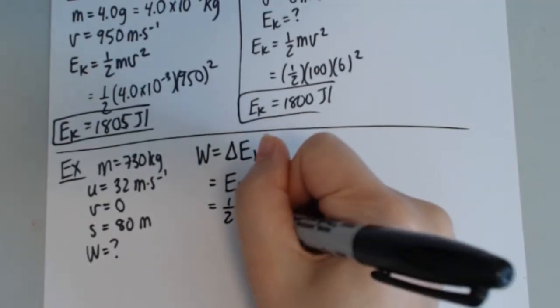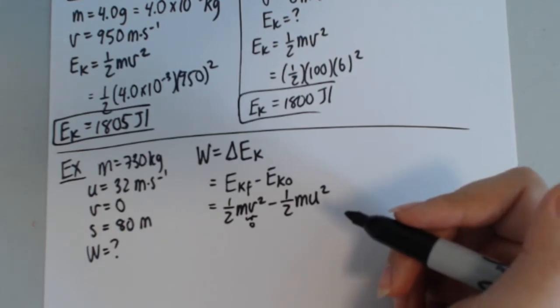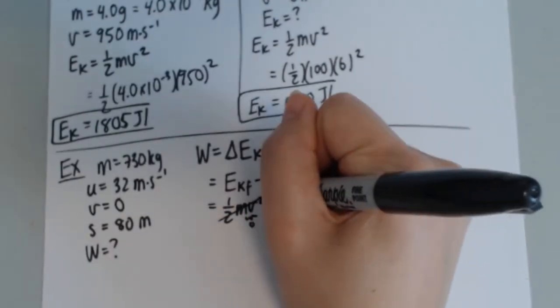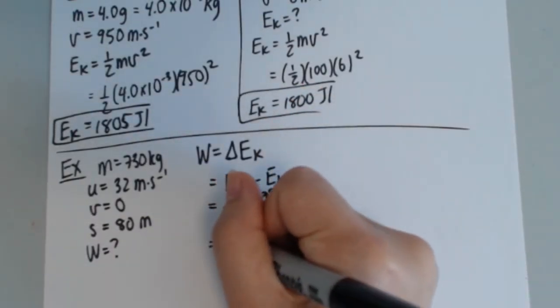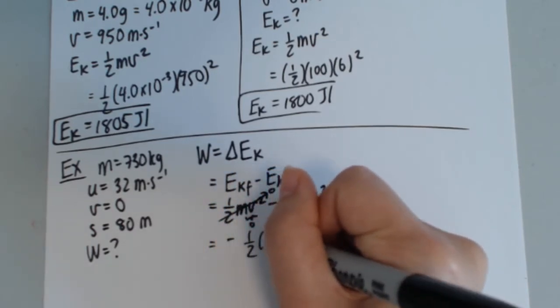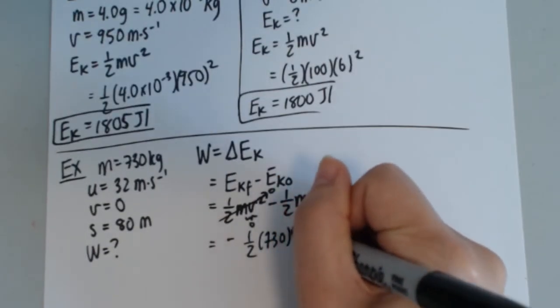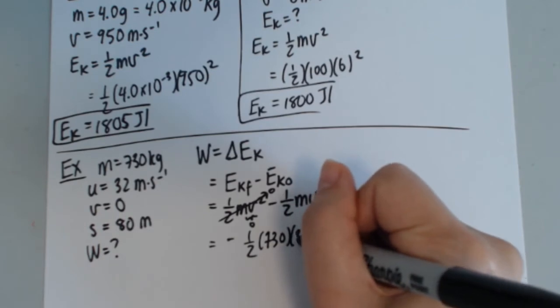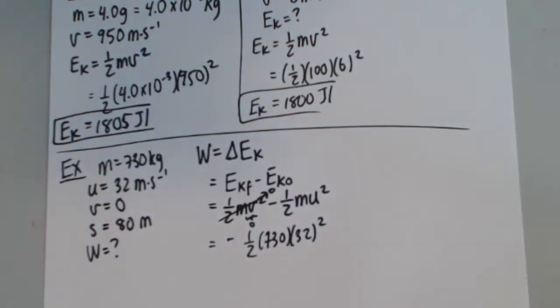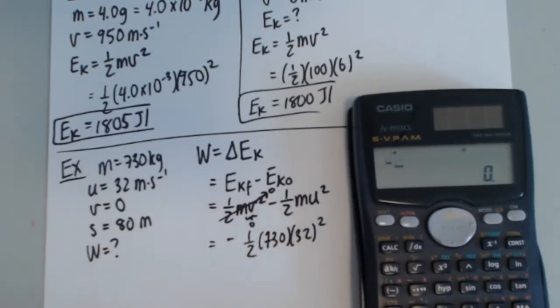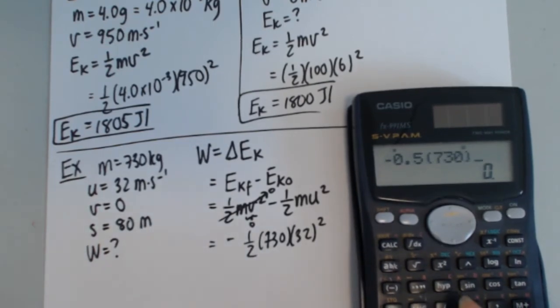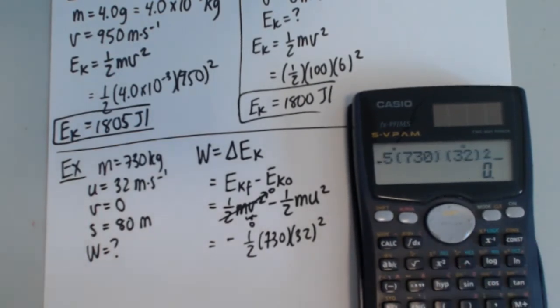So that's 1/2 mv squared minus 1/2 mu squared. Now v is 0. So v squared is 0, and 0 times anything is 0. So this whole thing is gone. So that means minus 1/2 m, which is 730, times u squared, so 32 squared. So negative 0.5 times 730 times 32 squared.